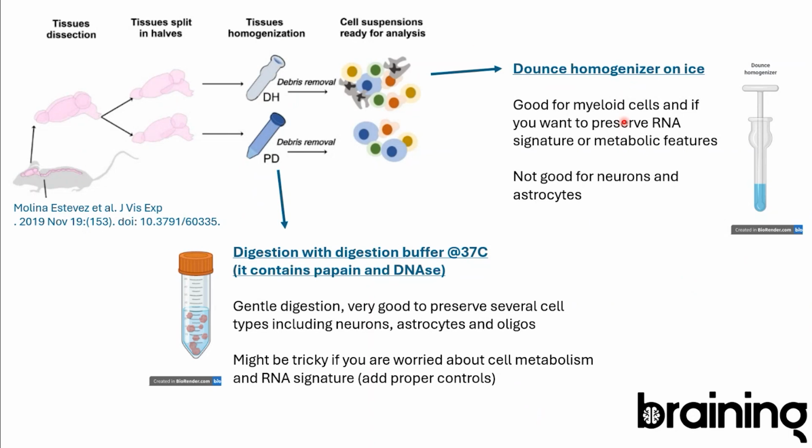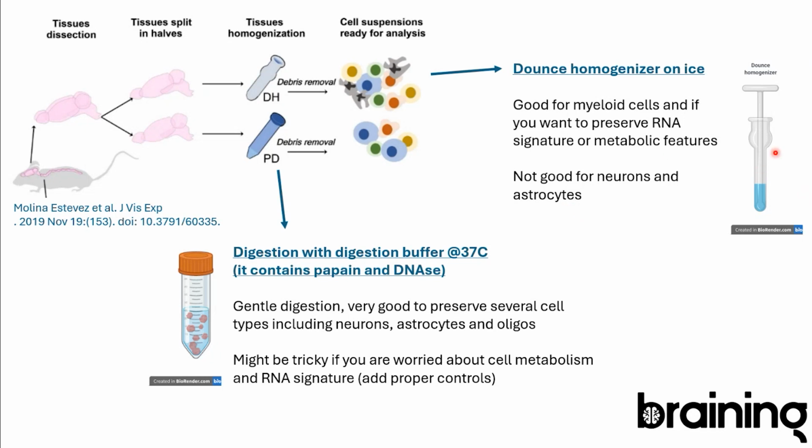Some typical ways of homogenizing the tissue are using the so-called Dounce homogenizer or similar, which disrupts the tissue in a quite gentle manner, but still will eventually damage neurons and astrocytes. So if you want to analyze myeloid cells, so microglia, for instance, so tiny cells, this might be useful.